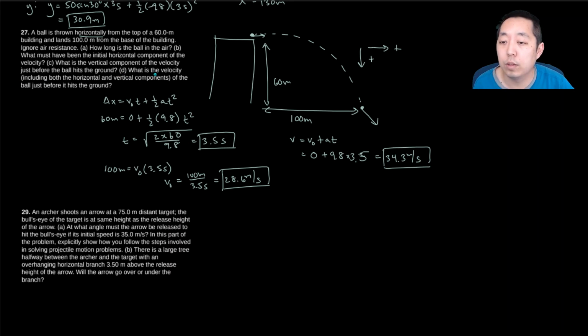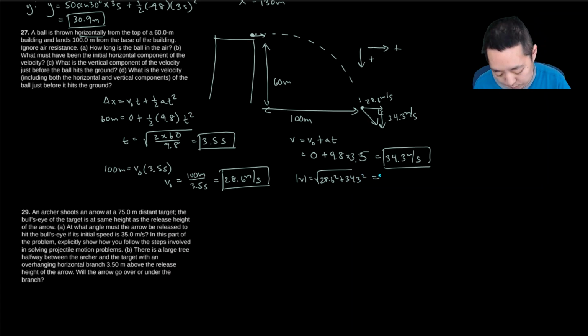D, what is the velocity of the ball just before it hits the ground, including both horizontal and vertical components? The horizontal component is the same as it was up here because it didn't change the whole time: 28.6 meters per second. The vertical component we calculated is 34.3 meters per second. Now we can use our right triangle to calculate both the angle and the magnitude. The magnitude of the final velocity is the square root of 28.6 squared plus 34.3 squared, by the Pythagorean theorem.